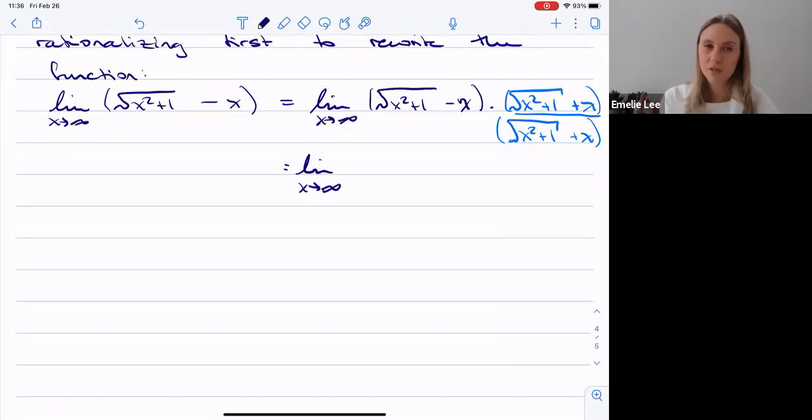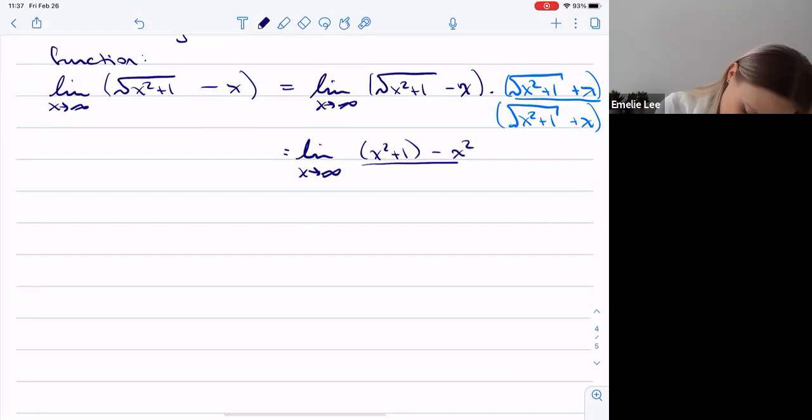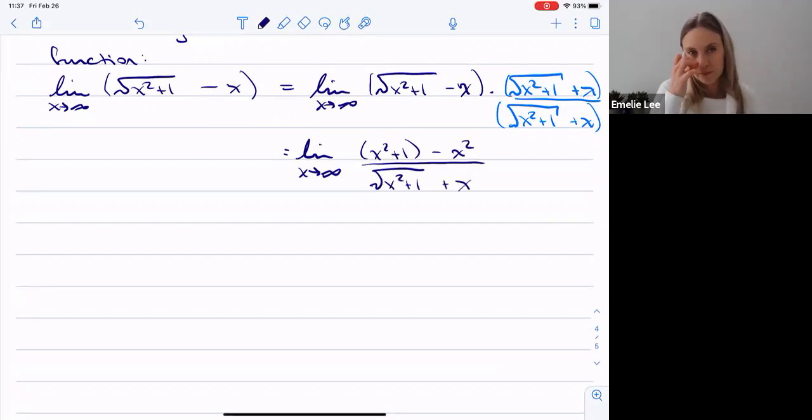Usually that's what I end up doing. In this case, I've already done it, so I'm convinced. So here, this becomes x squared plus 1 minus x squared over the root of x squared plus 1 plus x, once I expand that all out.